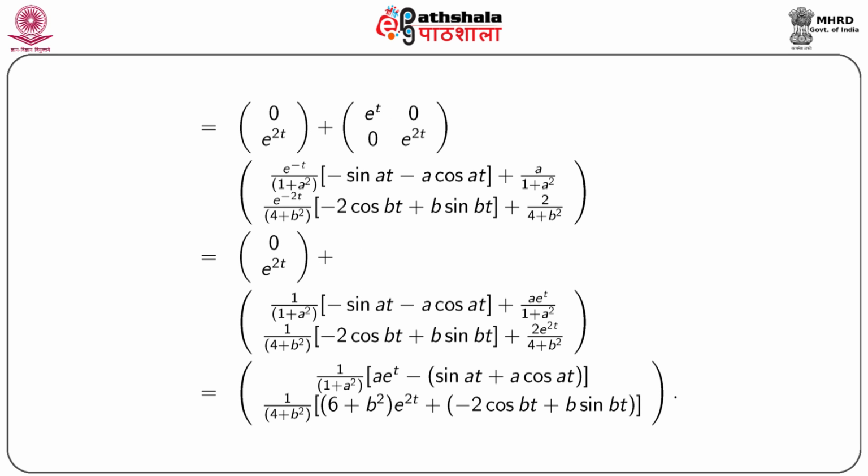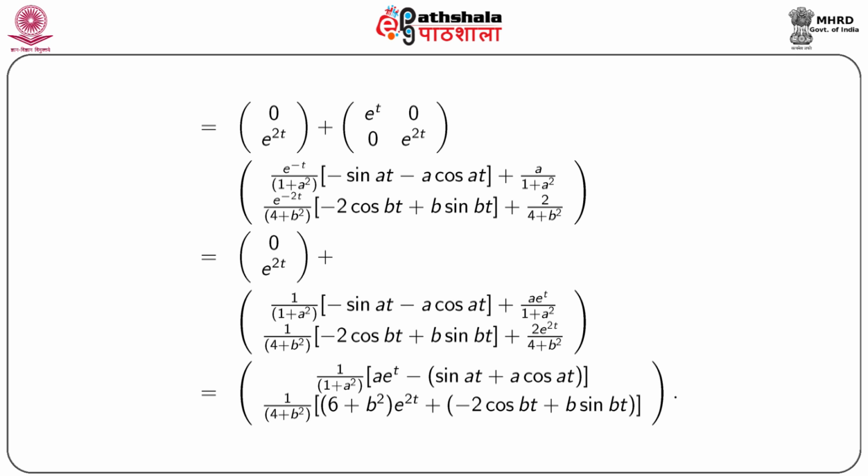And this can be simplified and written in the form (0, e^(2t)) plus the matrix [e^t, 0; 0, e^(2t)] multiplied by the matrix (e^(-t) divided by (1 plus a squared) into (minus sin at minus a cos at) plus a divided by (1 plus a squared), and e^(-2t) divided by (4 plus b squared) into (minus 2 cos bt plus b sin bt) plus 2 divided by (4 plus b squared)).